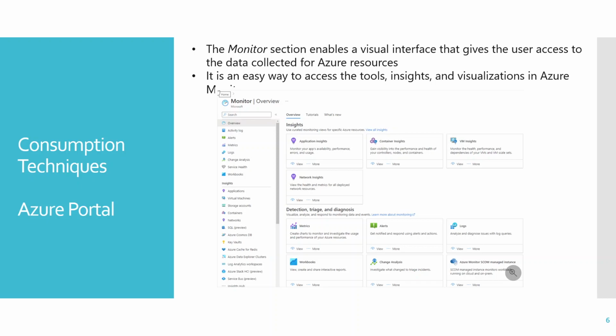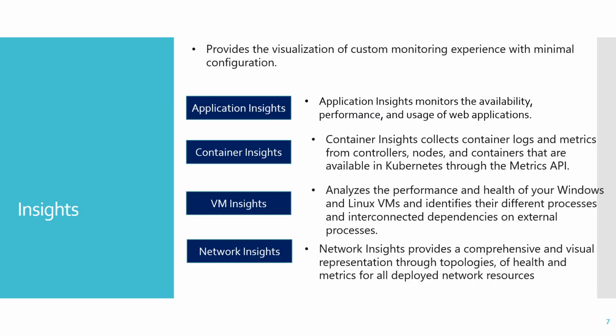This is the simplest way to access the tools and visualization in Azure Monitoring. This snapshot I have captured from Microsoft. So this is the easiest way you can see the monitoring data.